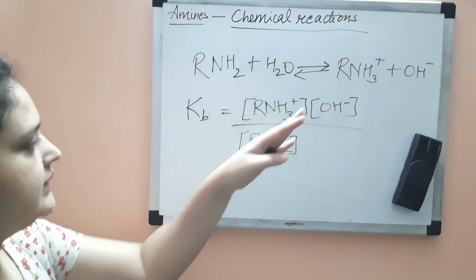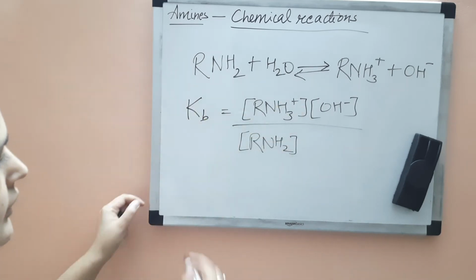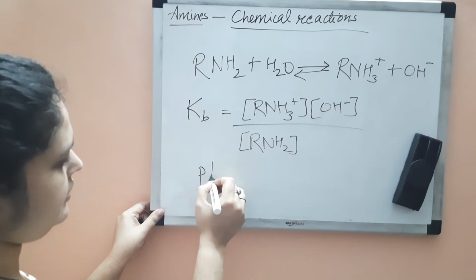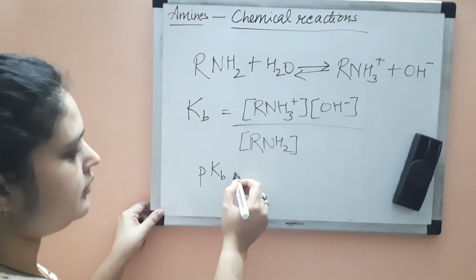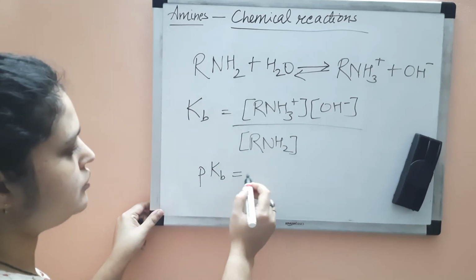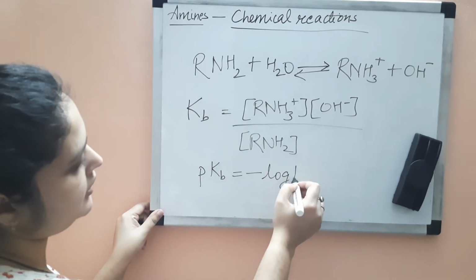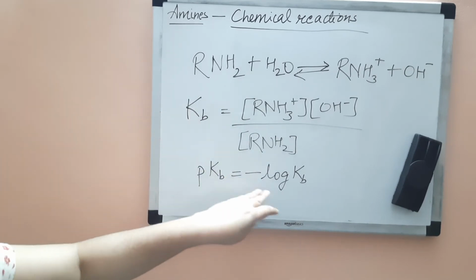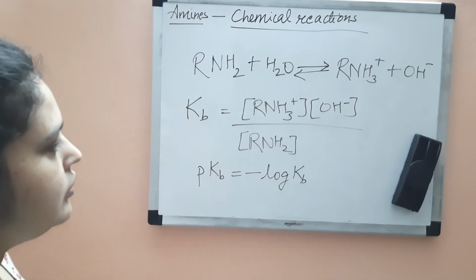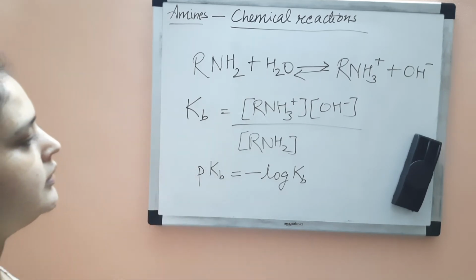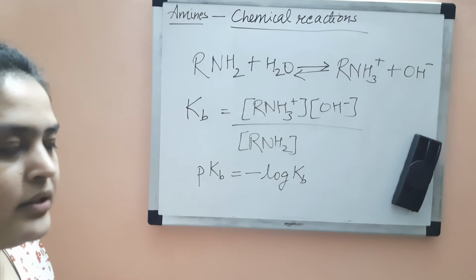So this is the expression for Kb, and if you want to find pKb, how is it related to Kb? It is equal to minus log of Kb. So if you want to calculate pKb from Kb, you can use this formula. From this you can see how these are related to the basicity of amines.